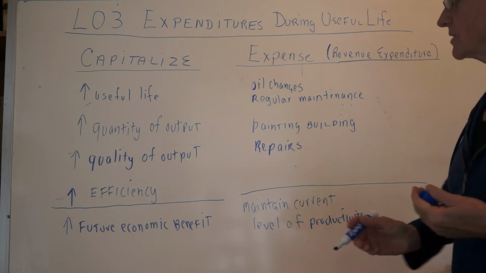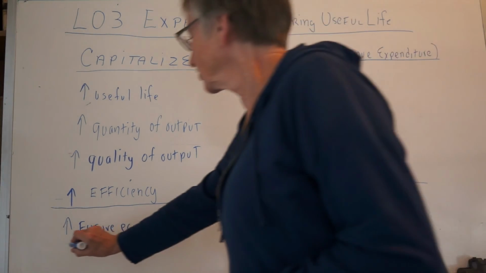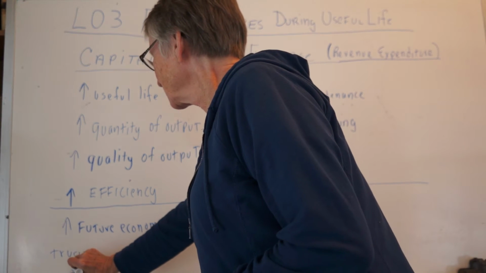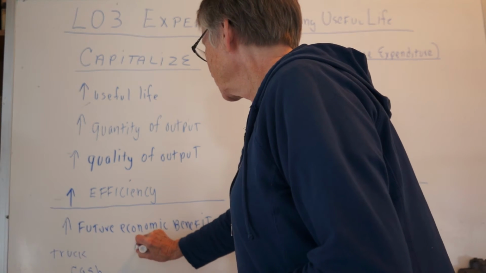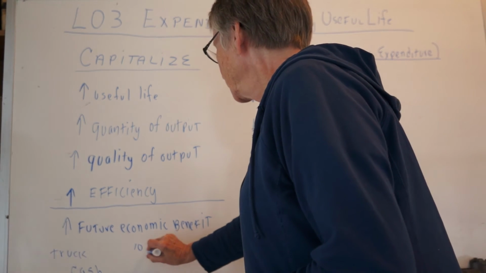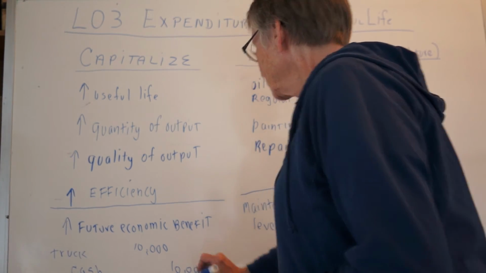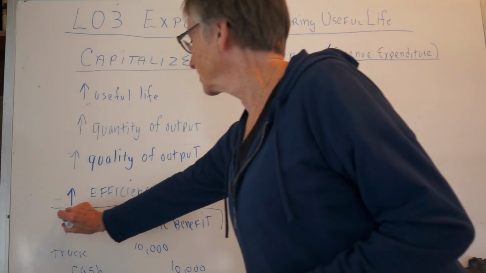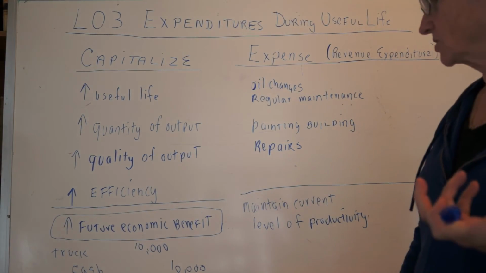So if you capitalize it, say you rebuilt the truck engine, you would do a journal entry that said truck, and that capitalizes it to the truck and to cash, and maybe you had a $10,000 engine rebuild, okay? The amount of money is not as important as whether it meets the definition of a future economic benefit, when you do consider materiality.